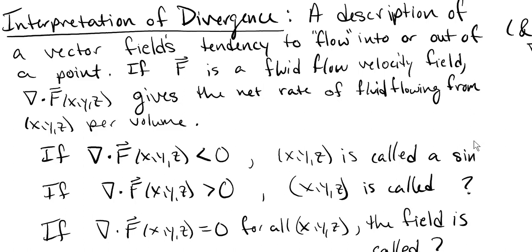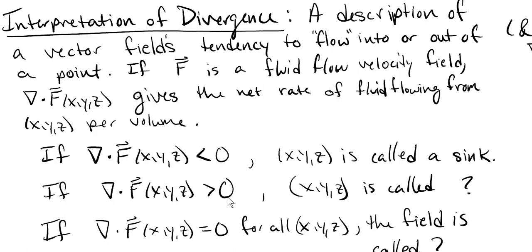Think about the drain in your kitchen sink. If you fill it up with water, all the fluid's going to start flowing into that drain. Think of the drain hole as your sink point. So that point xyz is called a sink if the divergence is negative, meaning overall, thinking of a fluid flow, the fluid's flowing into the point.